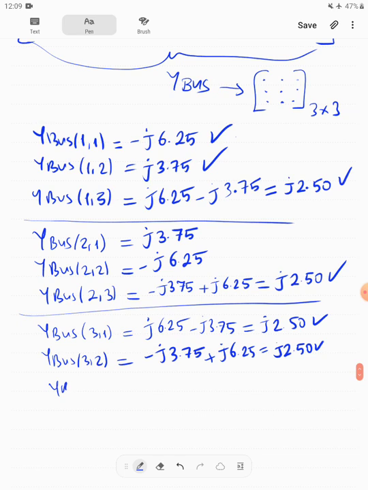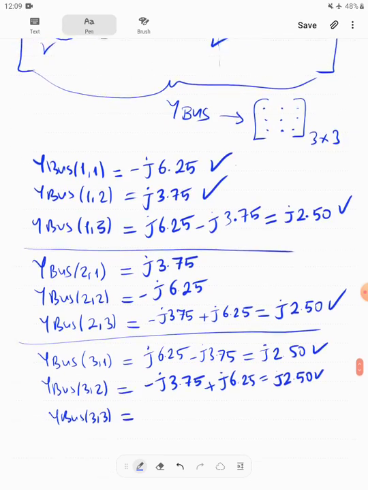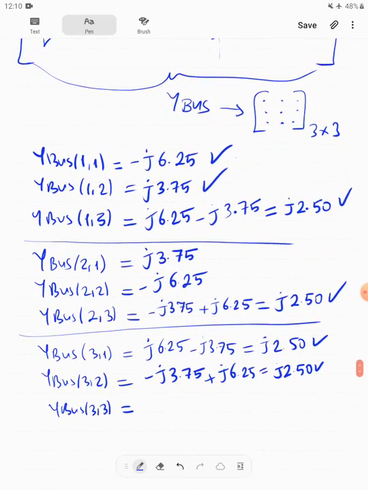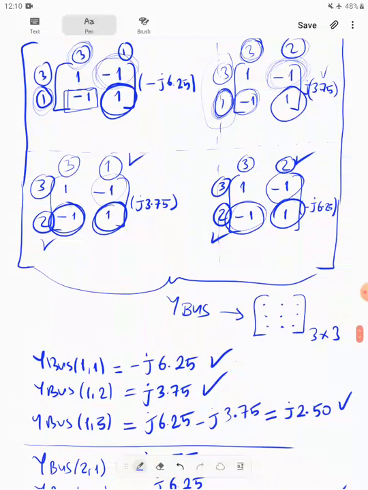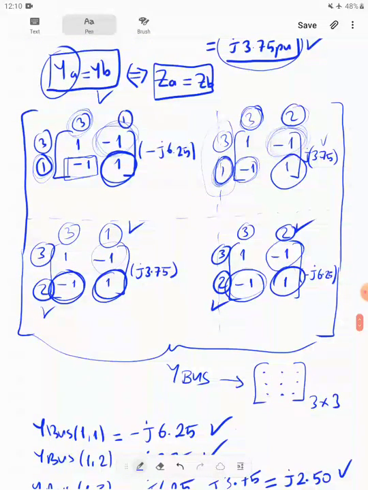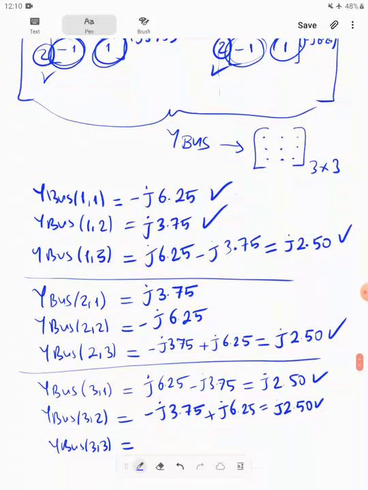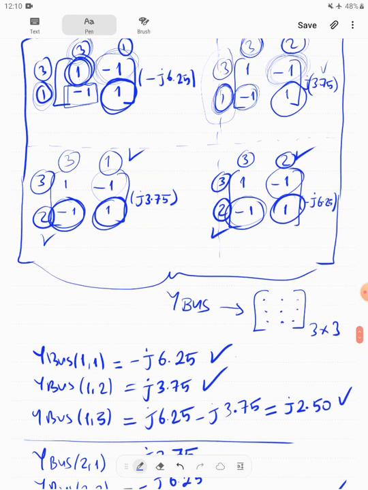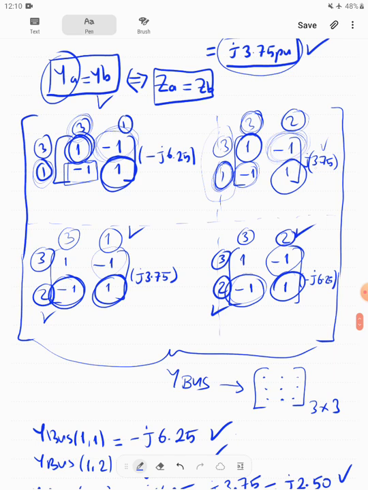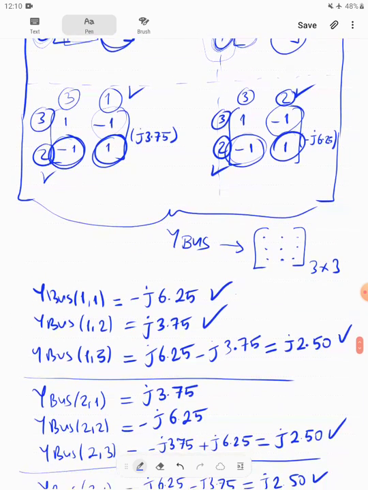What about Ybus 3,3? Yes, I am searching all the possible entries whose row and column number are both 3. As you see, I have four entries. One of them is this, minus j6.25. This is my second entry, j3.75.